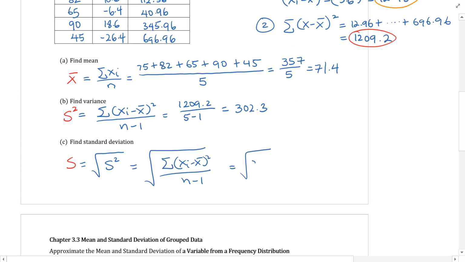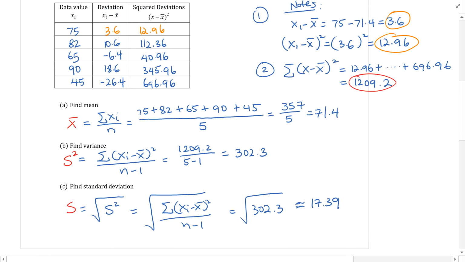So it's just the square root of 302.3, and that is approximately 17.39.